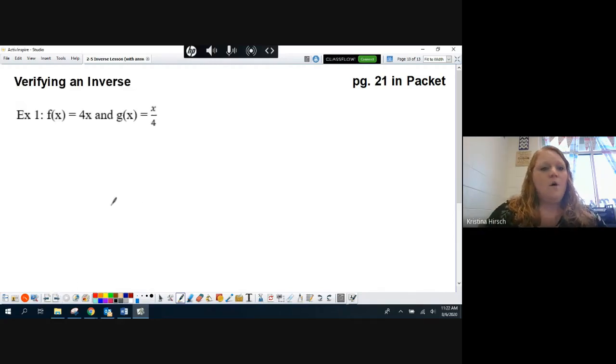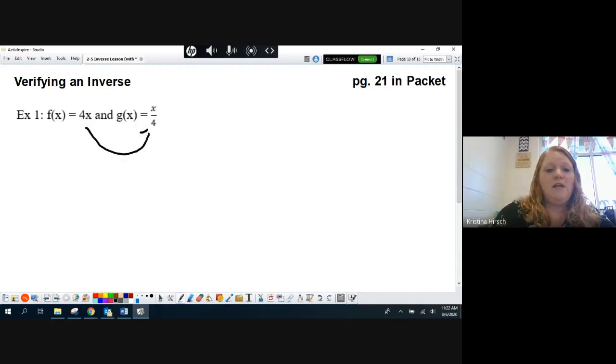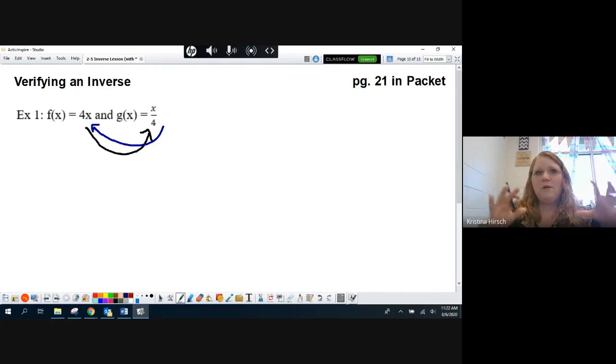If we look at this first example, remember what I said with the whole f of g of x, g of f of x. Basically, you're taking this function and substituting it into this function, and then you're taking the other function and substituting it into that function. So that's going to accomplish your f of g of x, g of f of x without really focusing on which piece you're doing.